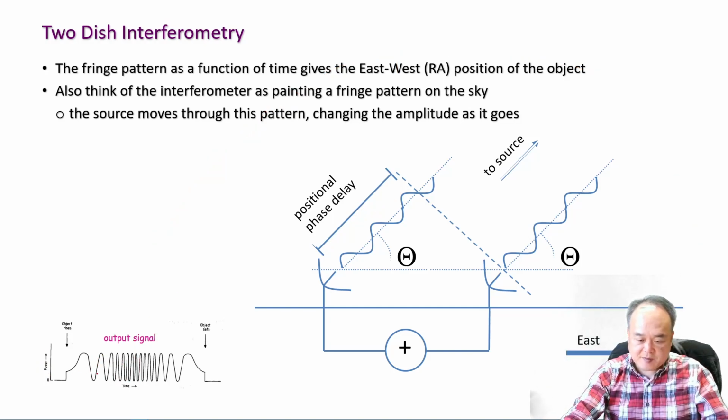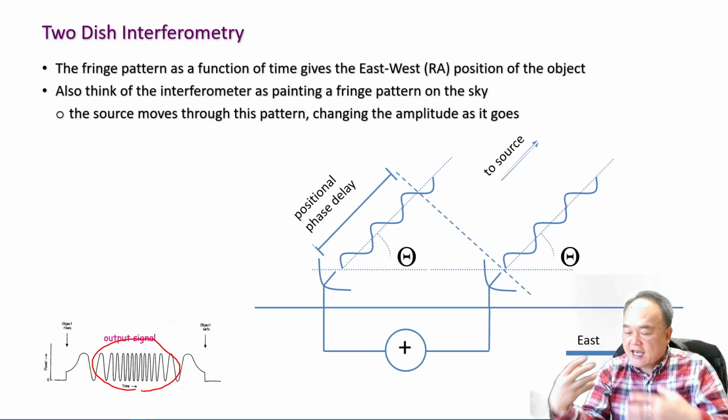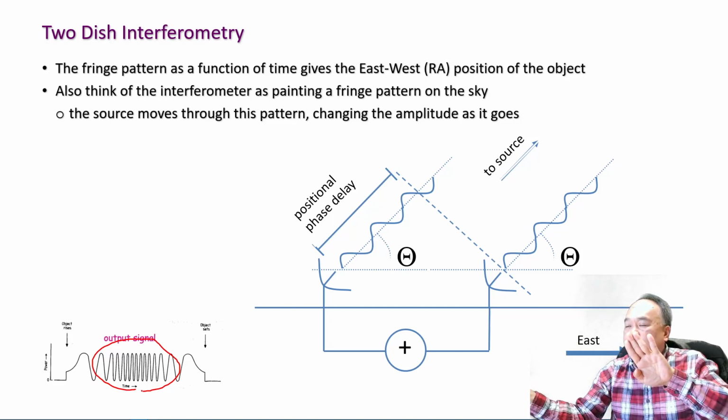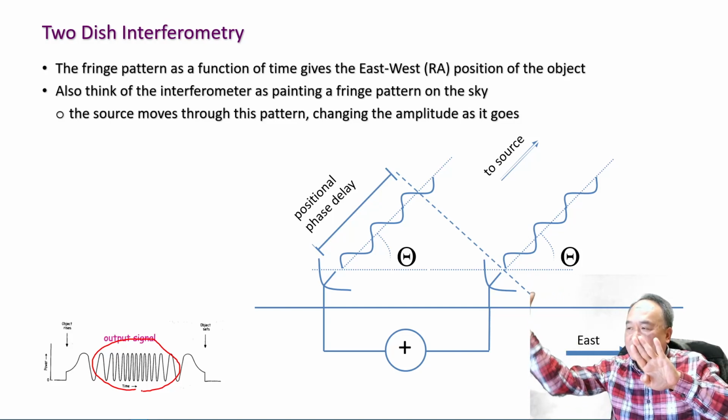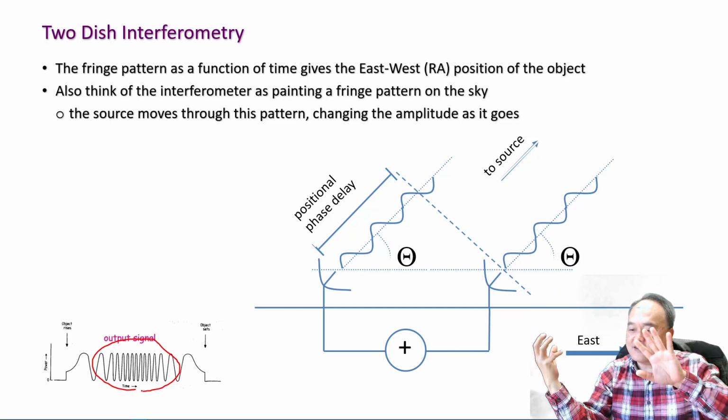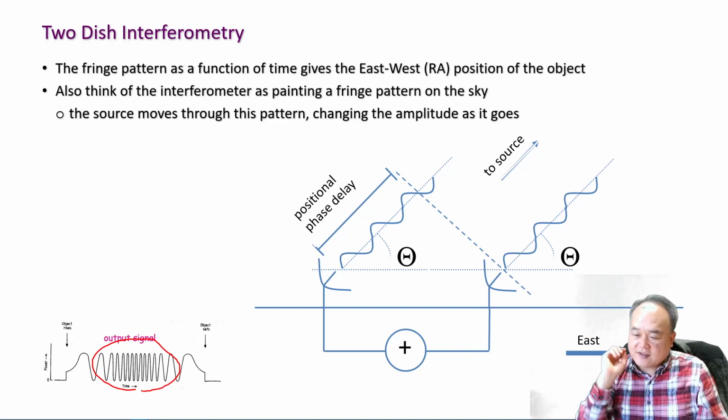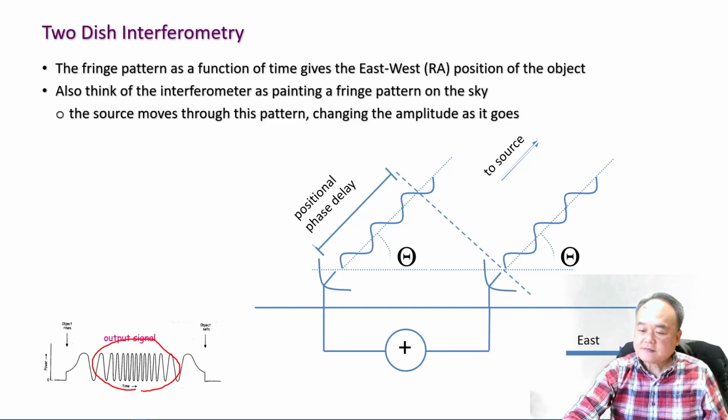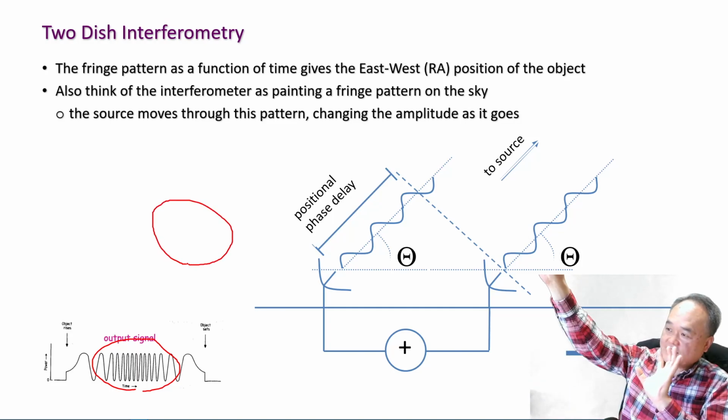This fringe pattern carries information about what the source size can be, and it tells about the characteristics of the source signal. Okay? But this is contrary to the single dish observation of seeing the object.